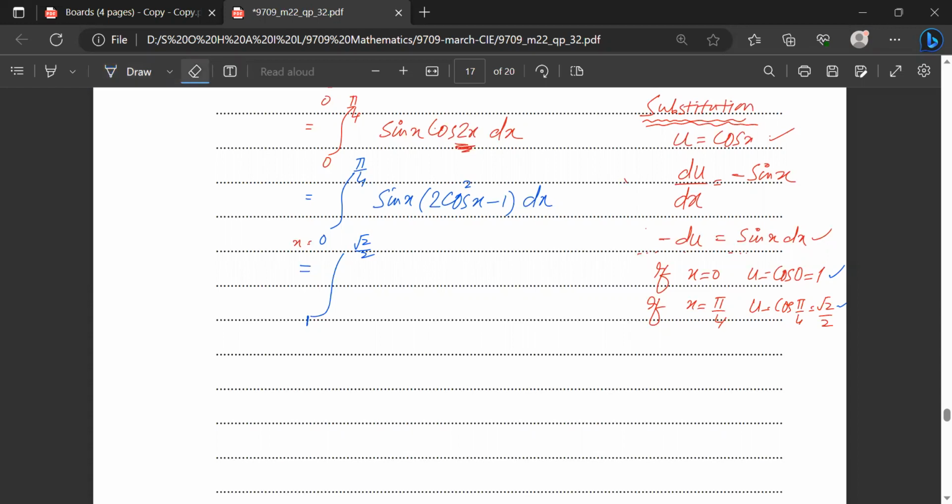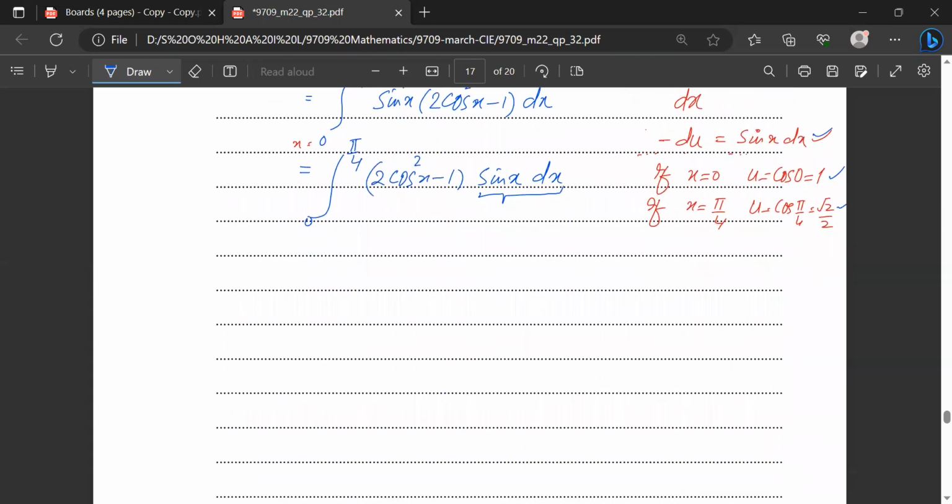Before using the substitution, let us rearrange the terms. 2 cos square of x minus 1. I can change the order of this multiplication: sine of x dx, and this whole sine of x dx can be replaced by minus du. Now changing the variable, if x equals 0, u equals 1. If x equals pi by 4, the corresponding value of u is root 2 by 2.